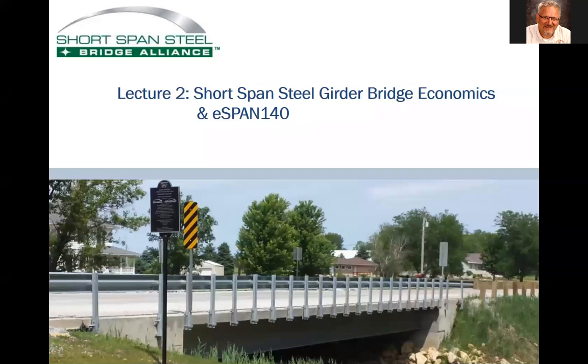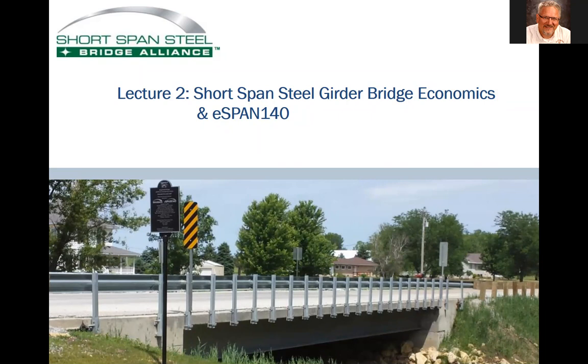So what Lecture 2 does is it presents a direct initial cost comparison between steel and concrete short span bridges. The purpose is to address the preconception that concrete is always less expensive than steel for short span bridges. The lecture continues by examining the life cycle costs of typical steel and concrete bridges in the state of Pennsylvania.